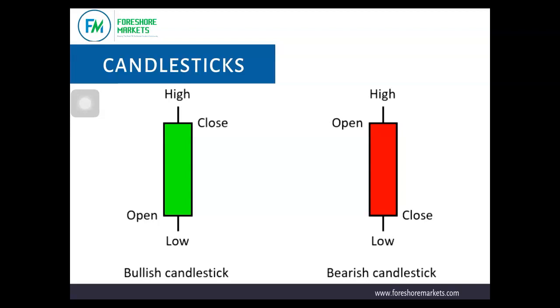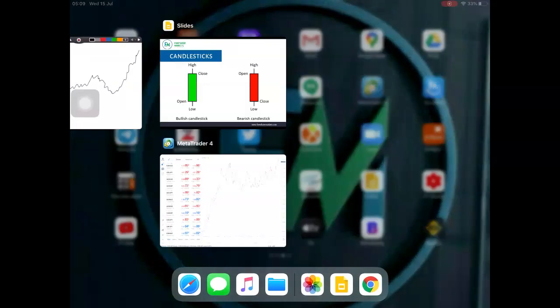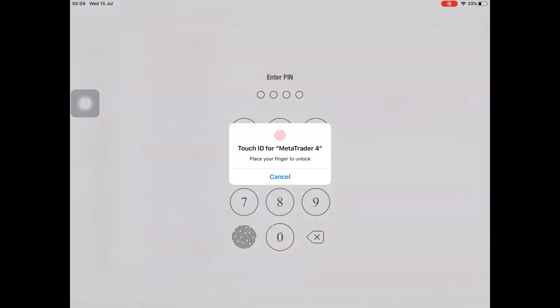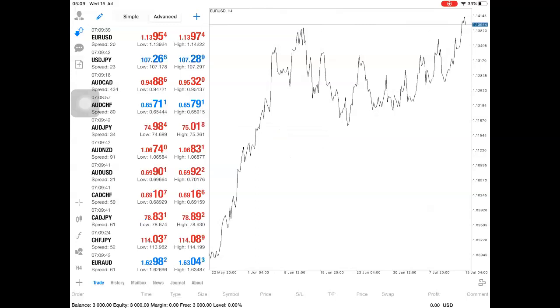So how did the Japanese candlesticks method come about? Let's look at what a typical chart looks like. Right from our university days, from our secondary school, we are very conversant with the line chart.